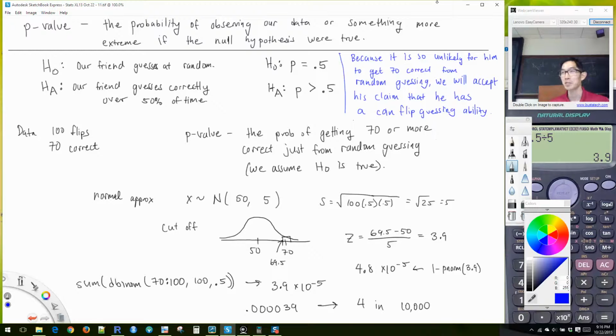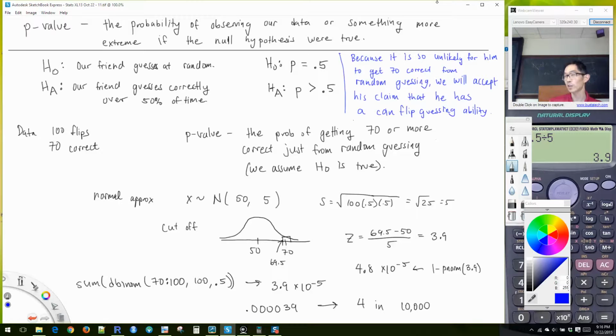Is that all right? Okay, so this is our introduction to hypothesis testing. The key ideas that I've covered today are this notion of a p-value and your null and alternative hypotheses, and the idea of us trying to prove something or make a conclusion based on whether the data is likely or unlikely according to our null hypothesis.